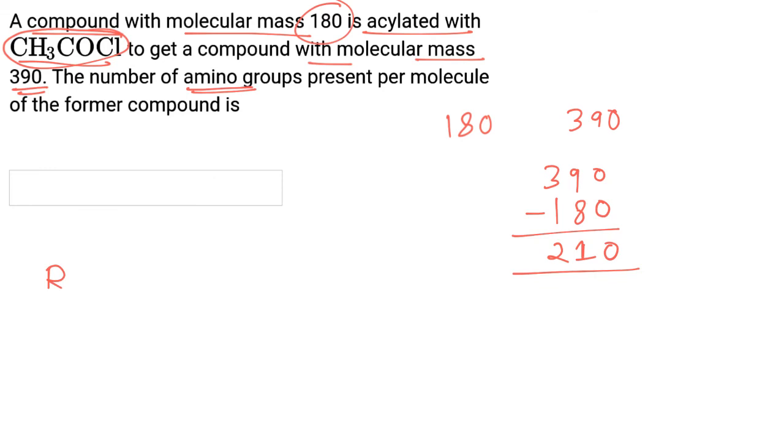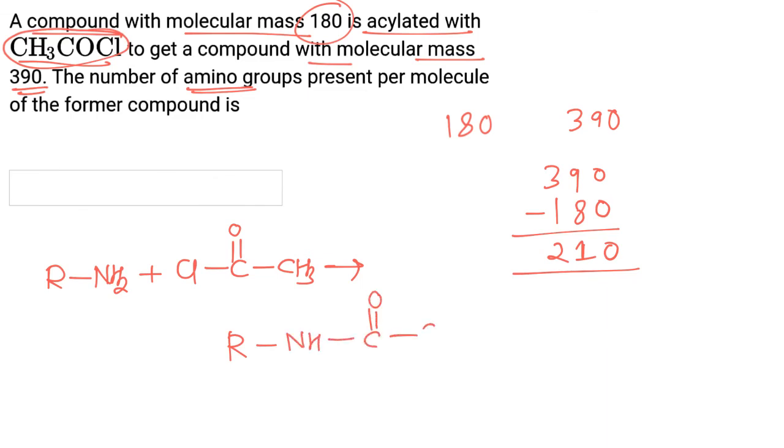So any molecule which is having an amino group on reacting with CH3COCl will be converted to amide. So it will be converted to RNHCOCH3. Now during the process CH3CO is added and overall HCl is removed.